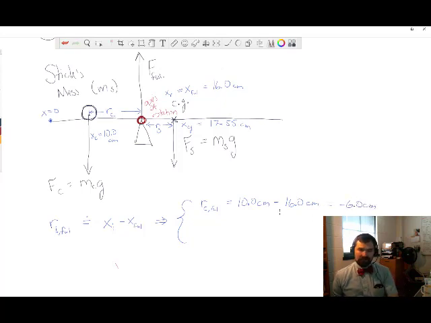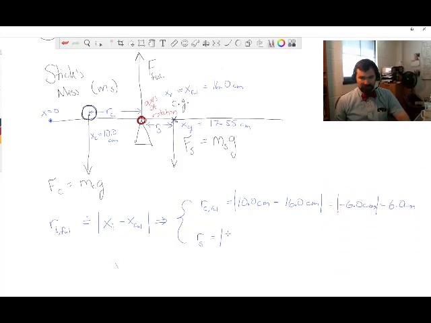You can make it positive if you'd like, because the sign conventions are going to come out of the direction that torque is acting in. So in some sense we can say that it's really this. And so this ends up just being 6.0 centimeters. And then likewise, r for the center of gravity, or r for the stick, would be 17.55 centimeters minus 16.0 centimeters.